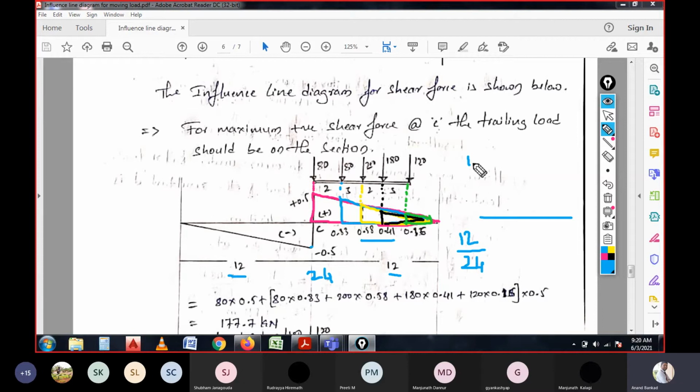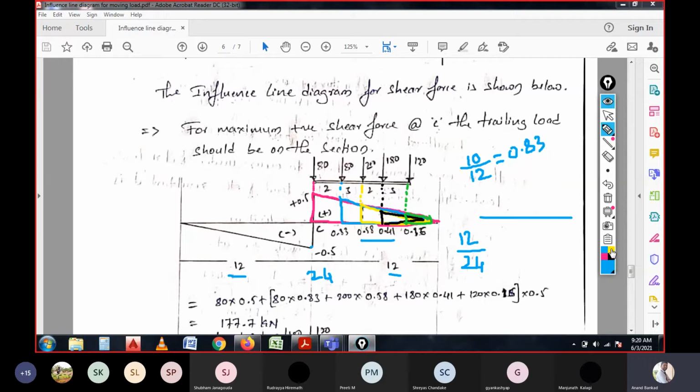And for this, how much is it? 10. So for the total span of 12, we need to get the value for 10 meter distance. So total span is 12 here. For 10, it will be 0.83.